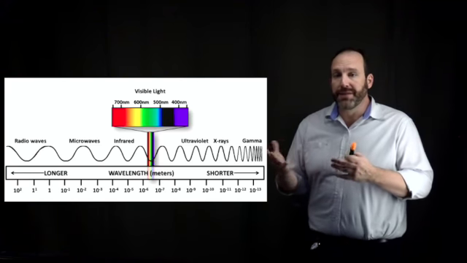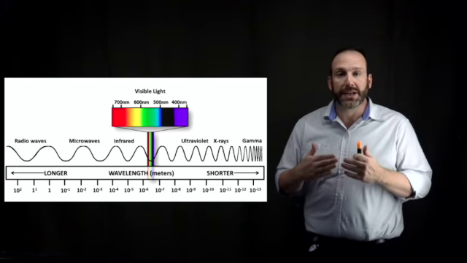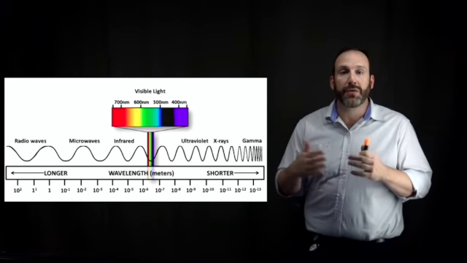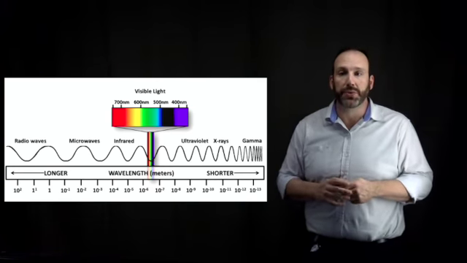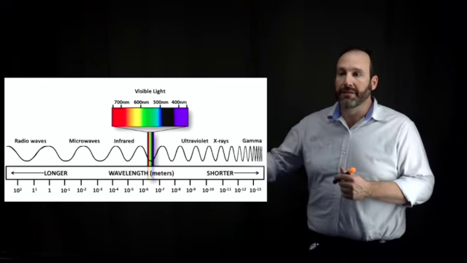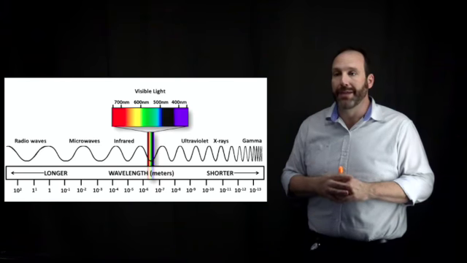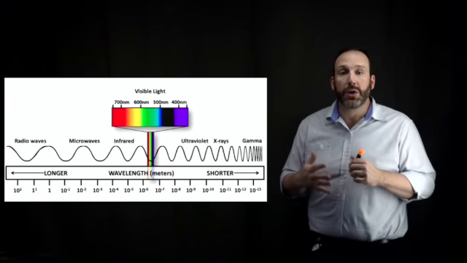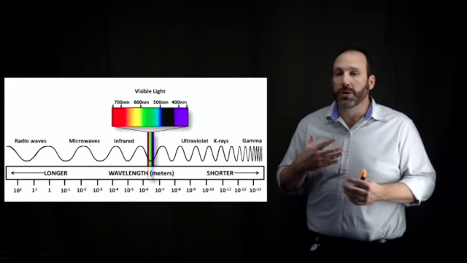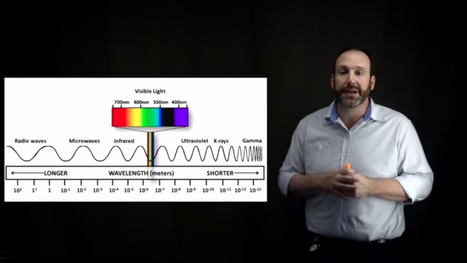As you can see from this figure here, the electromagnetic spectrum as a whole is quite large. It extends over many orders of magnitude in terms of wavelength. At the longer end of the spectrum, radio waves have the longest wavelengths, and they're in the tens or hundreds of meters.